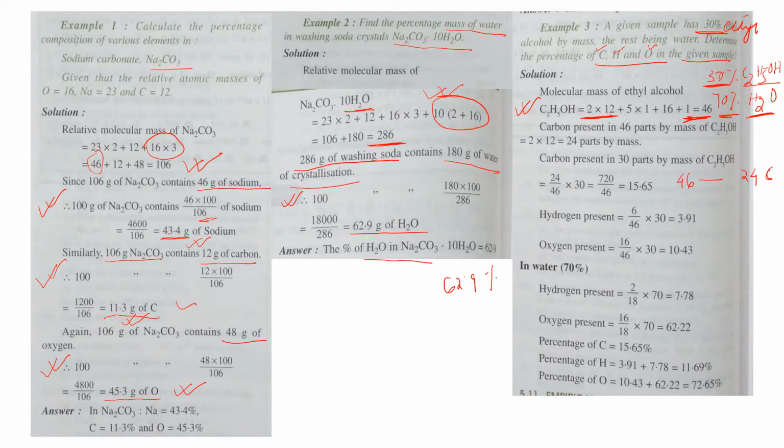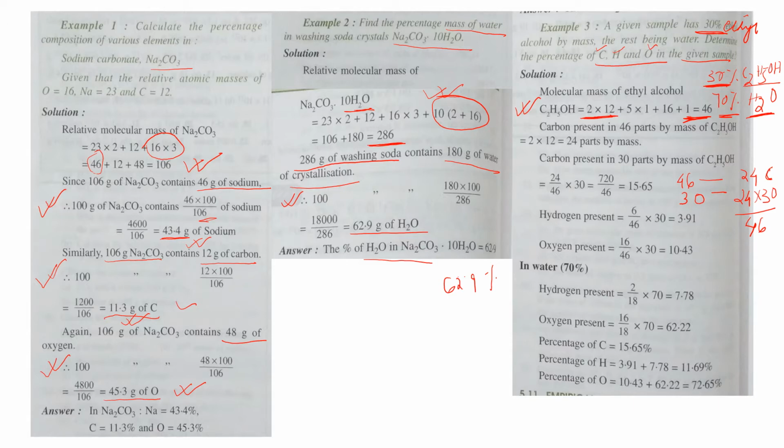So for unitary method, for 30 parts, because 30% is ethyl alcohol, 30 parts of ethyl alcohol containing 24 into 30 by 46. This will give you how much parts of carbon is present.